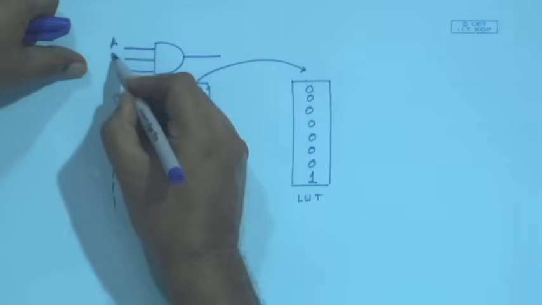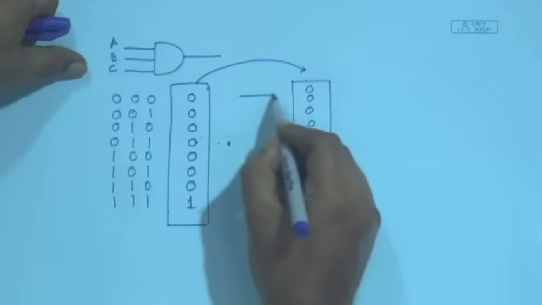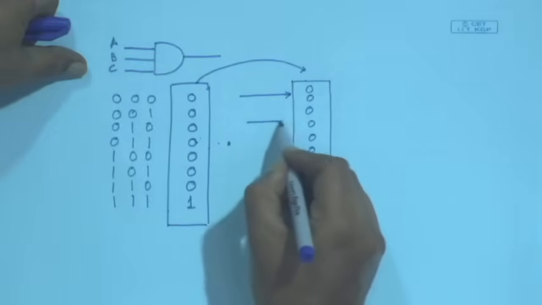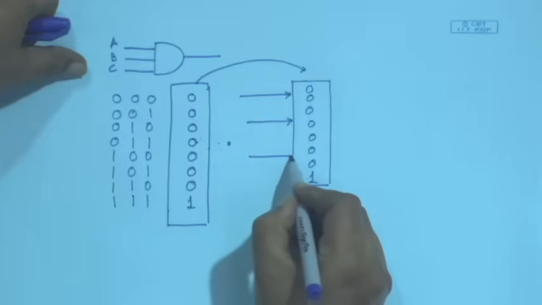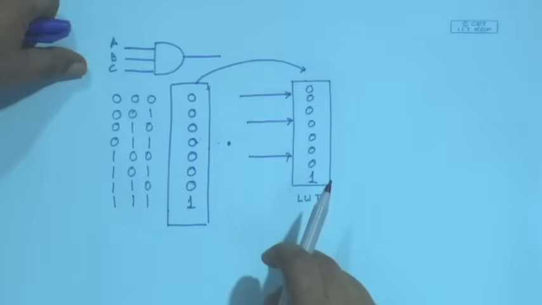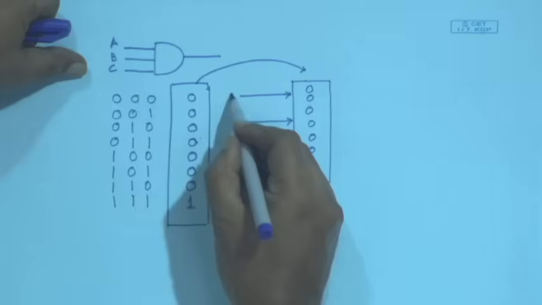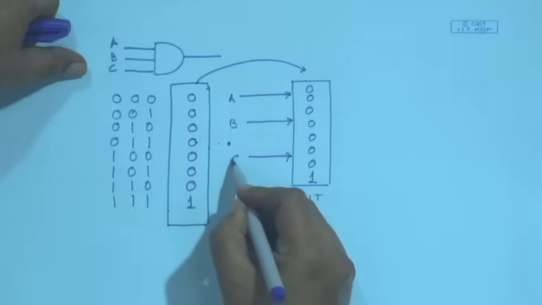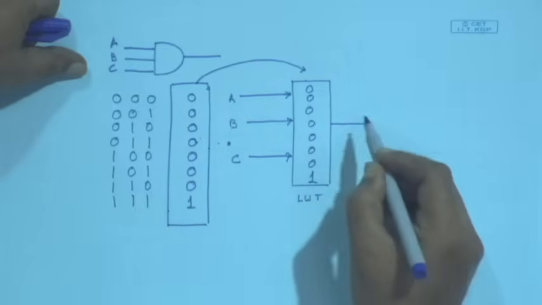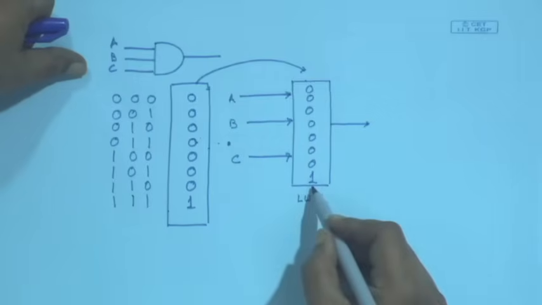These are A, B, C. So, they are coming in here. Obviously, I am showing it directly coming here, but they are just coming as an address. So, it will be coming through a decoder. So, A, B, C. So, what will be the output of this?